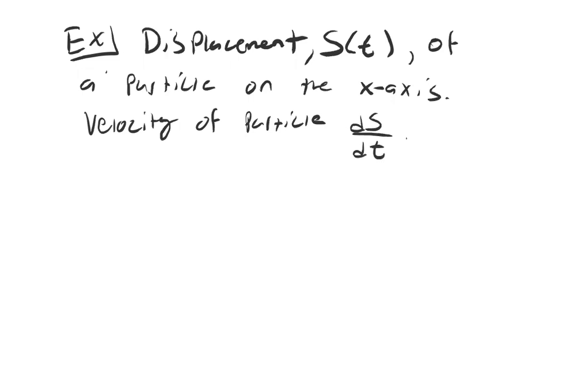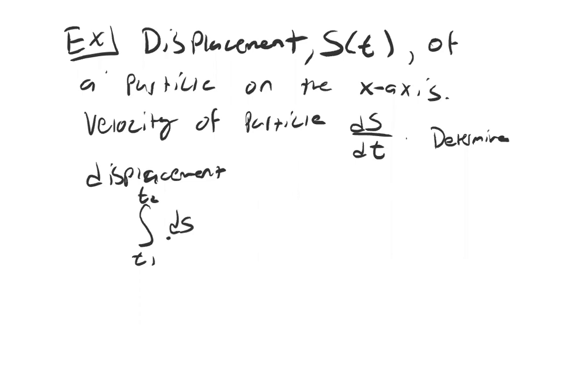And if I want to determine displacement, so how far something is from me, then I can do the integral from t1 to t2 of s prime of t dt. And so given the velocity, I can figure out the displacement by integrating and evaluating.